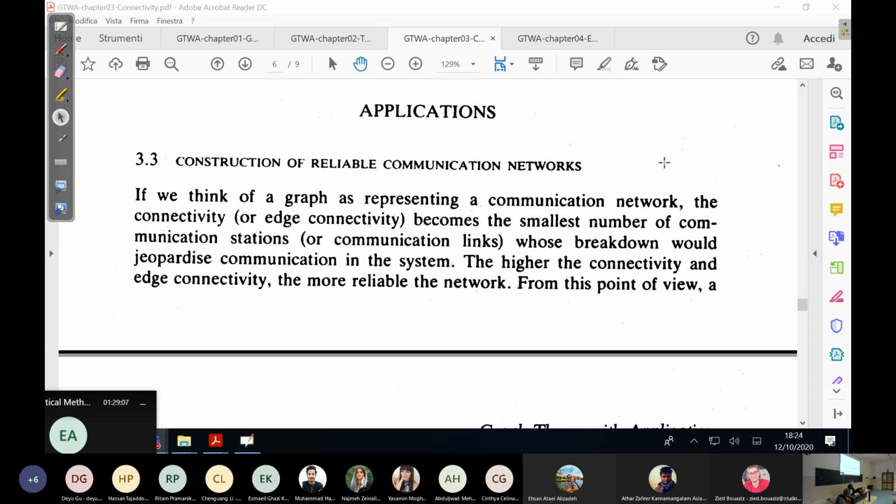Bologna station joins most of northern Italy to most of central and southern Italy. And that's the reason why it was extremely heavily bombed during World War II.